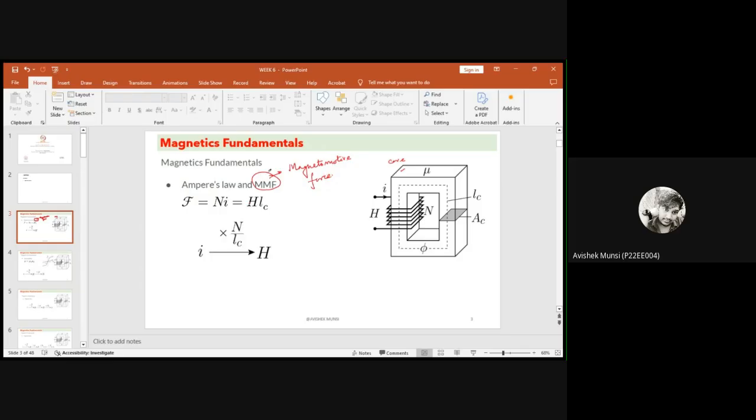In an electric circuit, we have resistors, and current is induced due to the existence of EMF, which means electromotive force.